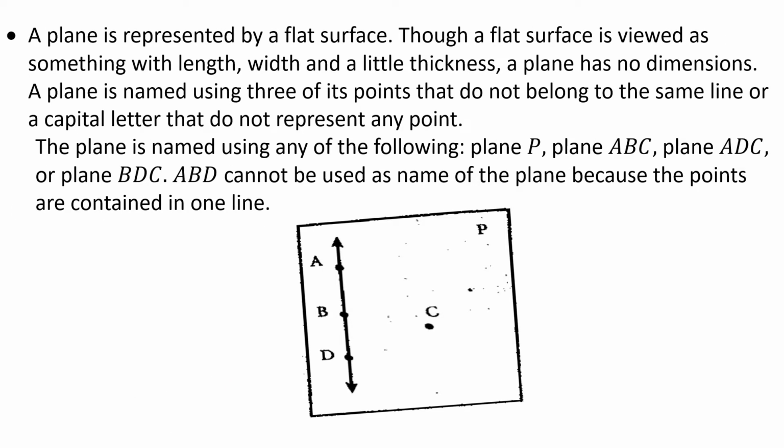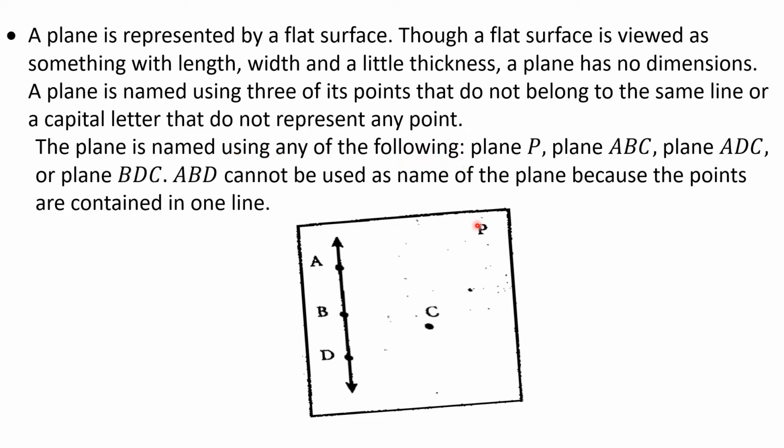Okay, next we have here a plane, which is represented by a flat surface. Though a flat surface is viewed as something with length, width, and a little thickness, a plane has no dimensions. A plane is named using 3 of its points that do not belong on the same line, or a capital letter that does not represent any point. So the plane is named using any of the following.